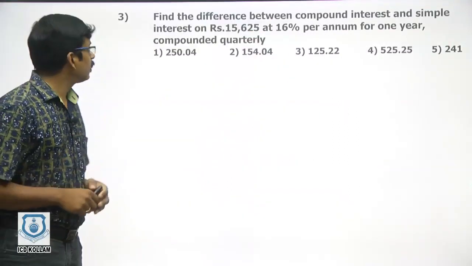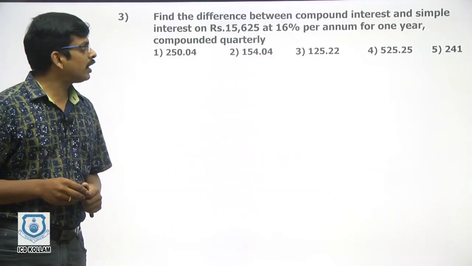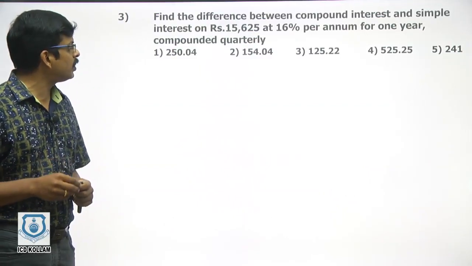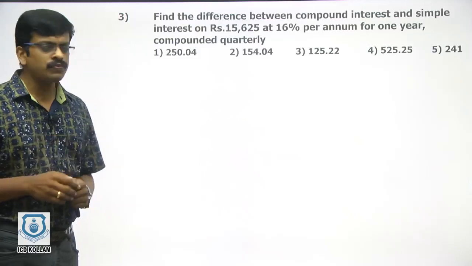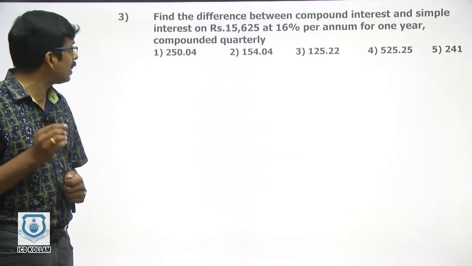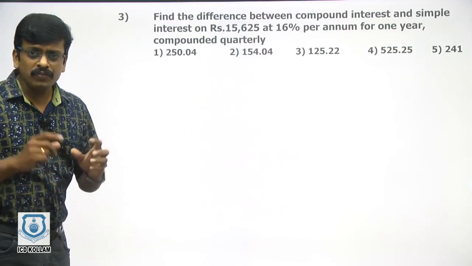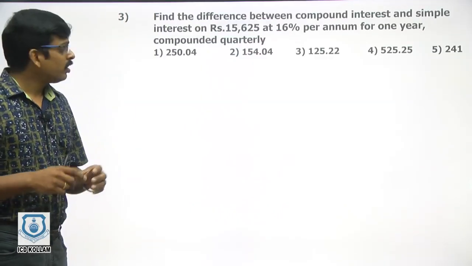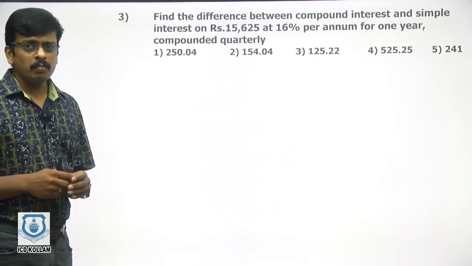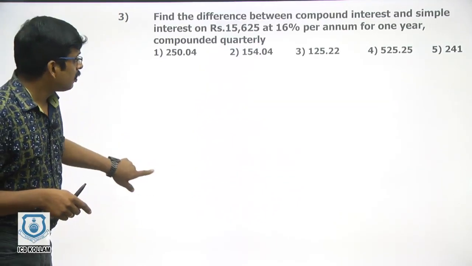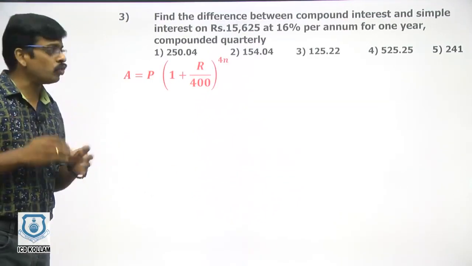Question number 3. Find the difference between compound interest and simple interest on rupees 15,625 at 16% per annum for 1 year, compounded quarterly. This is the most difficult question. We can solve this question by using the traditional method, but it is very time consuming.